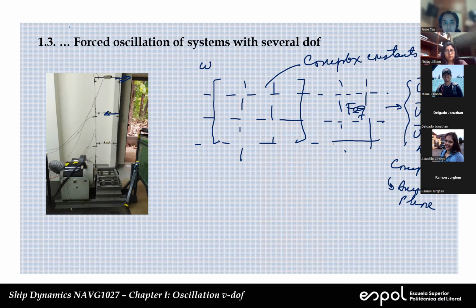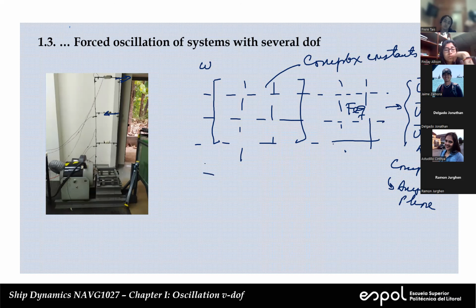So when one goes up, the other goes down. We can compare the experimental results with the analytical results, considering the phase shift between U1, U2 and U3.